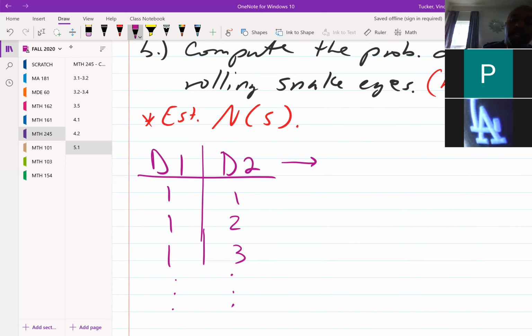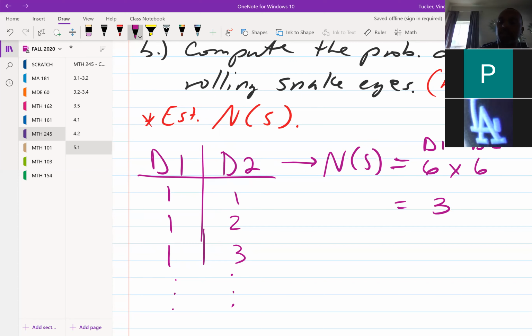I don't want to list out all of my combinations to know how many I have. For die 1, I have 6 options. For die 2, I have 6 options. You just multiply those options together, and that's 36 total possible outcomes.